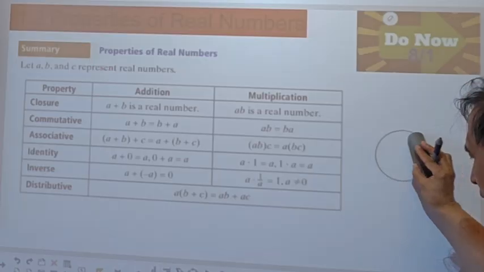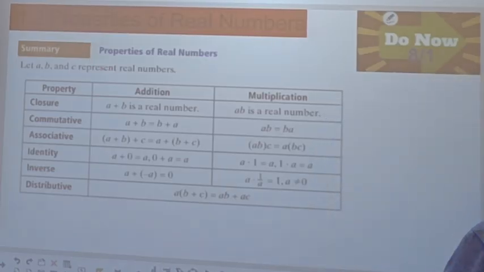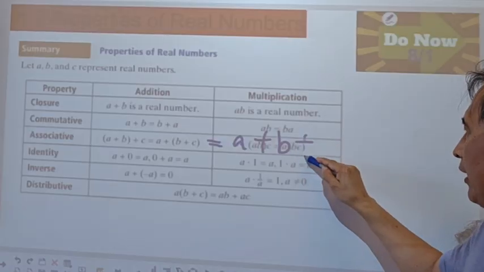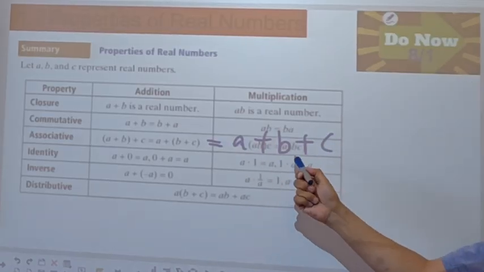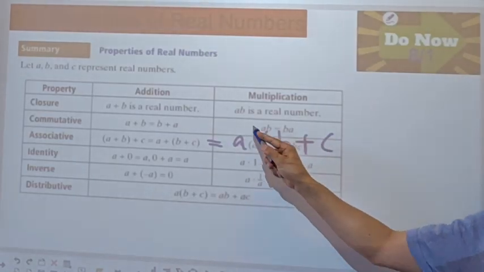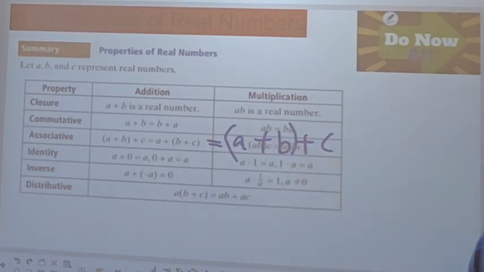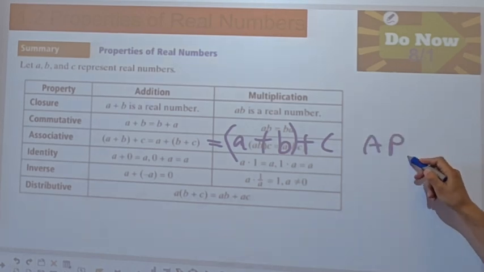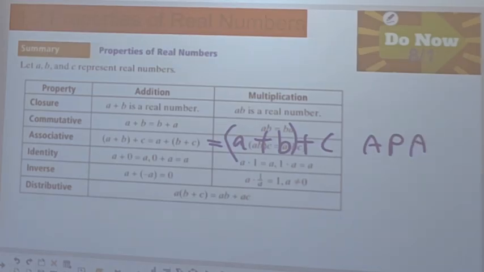And associative property means there are several of them, even A plus B plus C, right? There's no parenthesis, but you put the parenthesis here. The answer doesn't change, right? That we call the associative property. This is the associative property of addition, APA. Got it?